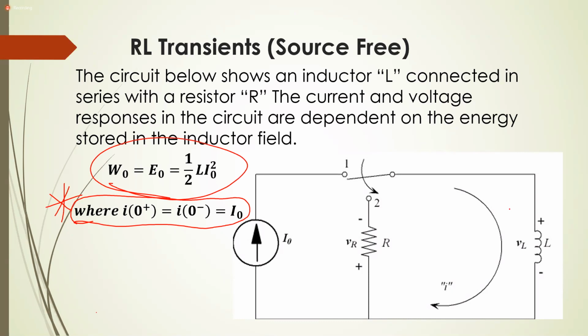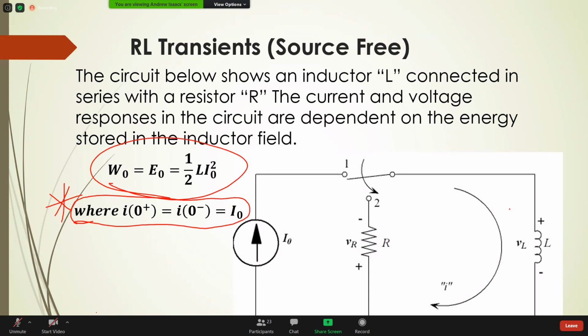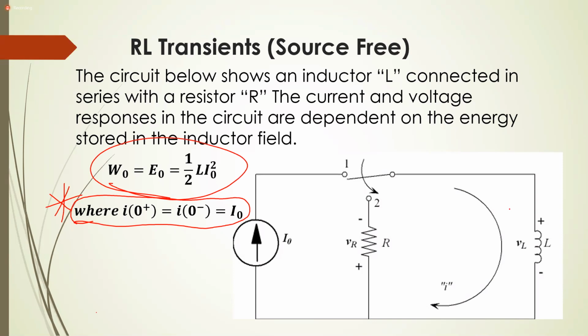For the inductor, the current just before the change is equal to the current immediately after the change. If there was no current through the inductor immediately before the change, then the current immediately after would also be equal to 0.